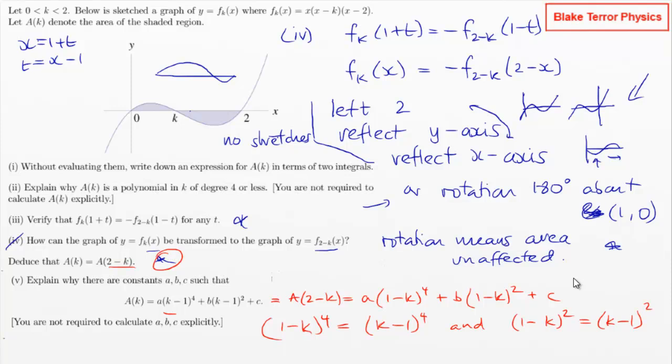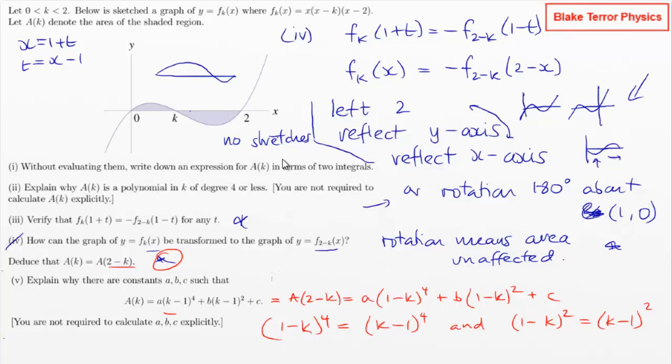And we've got the 5 parts of this question that are walking us through a story, that we've got this particular function. We want to know something about the area. We divide the calculation of the area into these two integrals, then we say something about the area being a polynomial degree 4 or less.